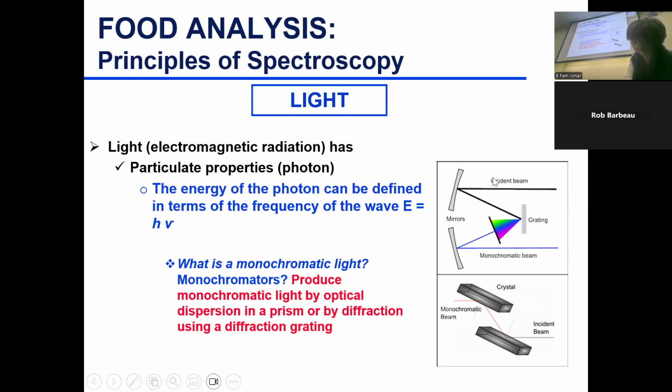Okay, so this is the beam of light. This is a mirror. So it hits a mirror that is angled in a particular way so that the light is reflected onto a grating system. That grating system or a prism, so either a grating system or a prism, will break the light into or diffract the light into multiple wavelengths.